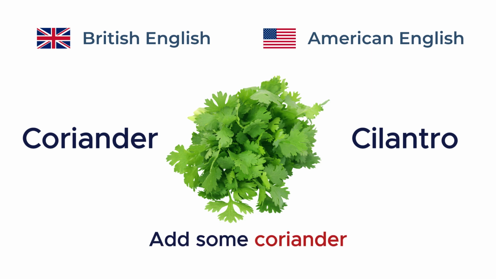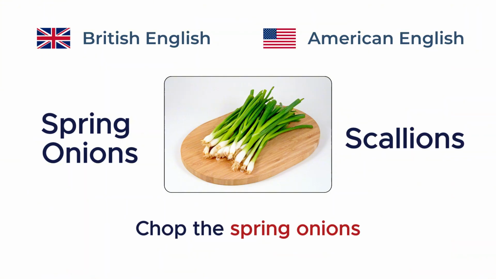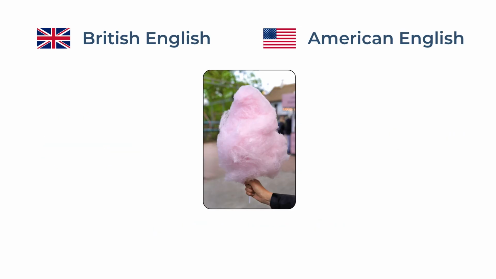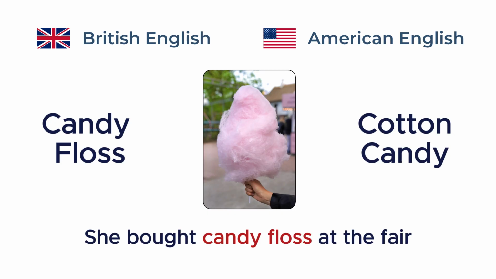Add some coriander. Spring onions. Scallions. Chop the spring onions. Candy floss. Cotton candy. She bought candy floss at the fair.